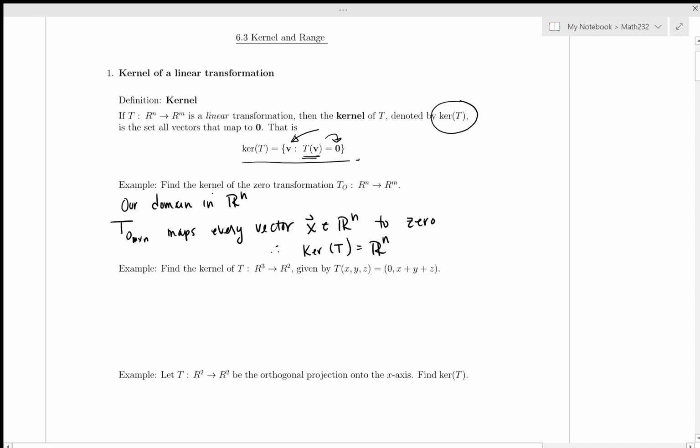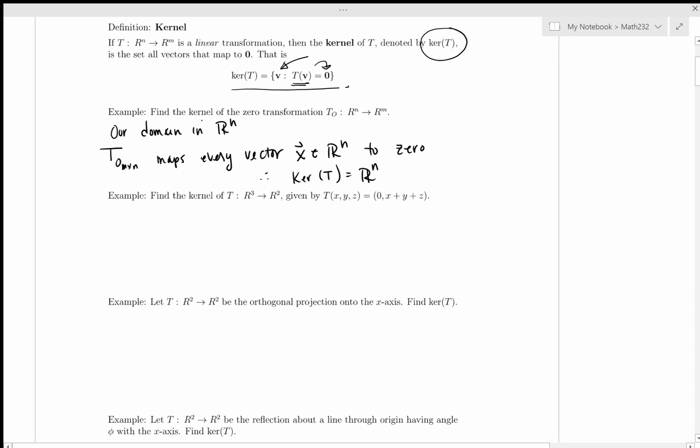Okay, let's try one that's maybe a little bit more complicated. Here's one. Find the kernel of T, R3 to R2, given that what the transformation does is produce a 0 for the first coordinate in the codomain and produces the second coordinate as x plus y plus z.